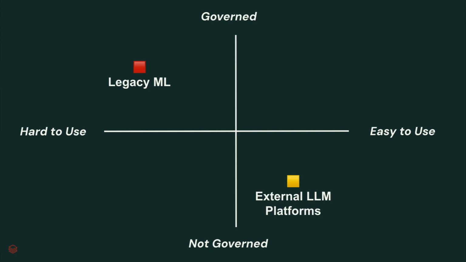All right, then we have LLM platforms. LLMs actually changed the game quite a bit. You no longer have to train and tune a model. You have very powerful models that you can use across a wide variety of use cases. But are they easy to use? Let's look at the steps that you have to follow to apply GenAI on your data with some of the leading LLM providers.